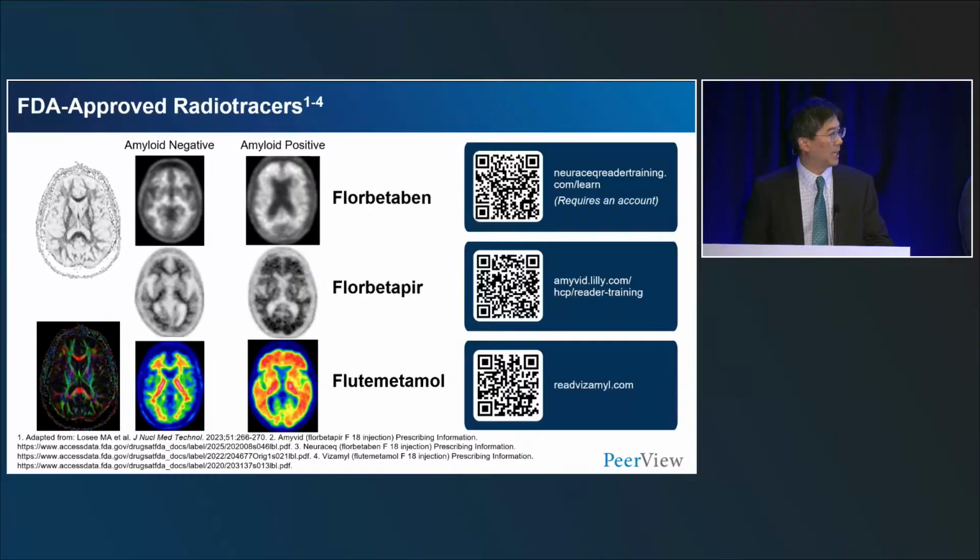So I would recommend making sure that whatever tracer you use at your institution, you do that reader-specific training. Very quickly, florbetapir and florbetaben are typically read in grayscale, and flutemetamol is read in a linear color scale. There are also different regions that are used to assess positivity. So I would encourage the use of that specific tracer's reader training.